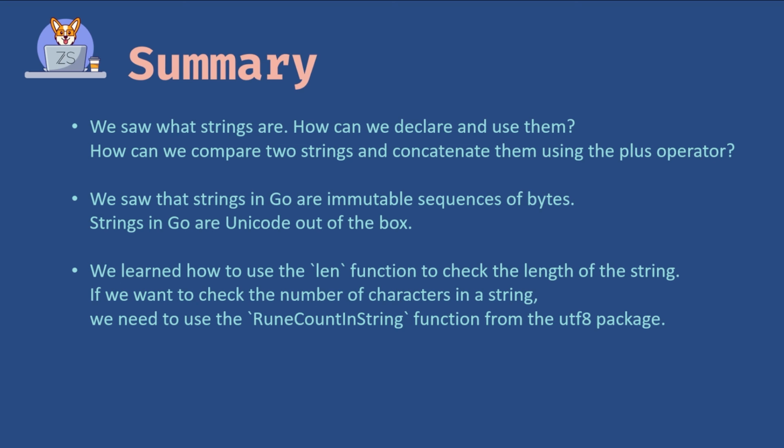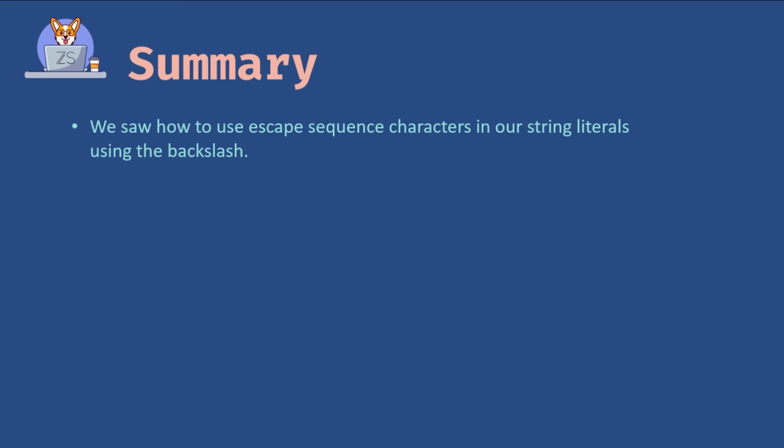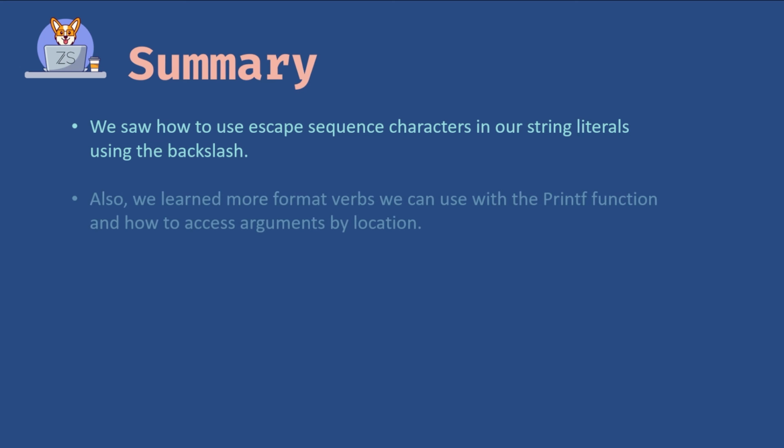Also, we saw that len returns a number of bytes, and if we want to check the number of characters in a string, we need to use the RuneCountInString function from the utf8 package. We saw how to use escape sequence characters in our string literals using the backslash. Also, we learned more format verbs we can use with the Printf function and how to access arguments by location.